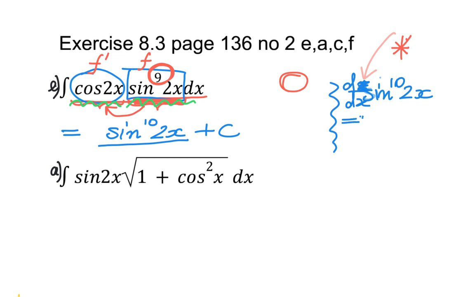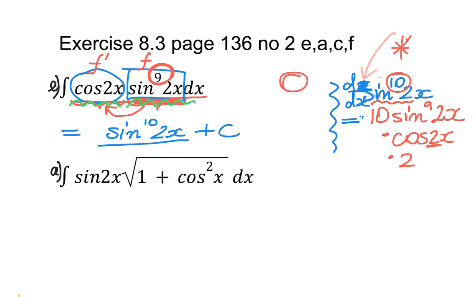So what's the derivative? Well, the outermost function gives 10 sine to the power of 9 of 2x, times the inner derivative of sine, which is cos of 2x, times the inner derivative of 2x, which is 2.